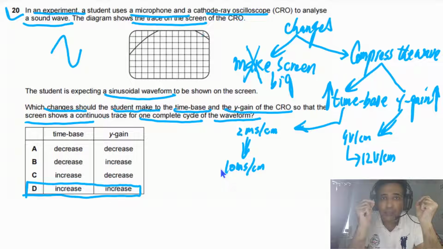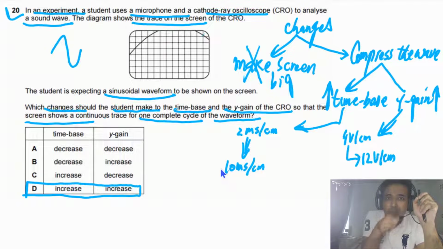A beautiful question, simply testing your real understanding of CRO. It is also testing whether you have ever used CRO in your practicals. If you have used CRO in your physics lab, this question is very basic.